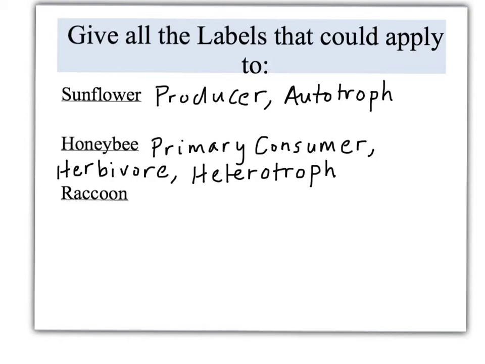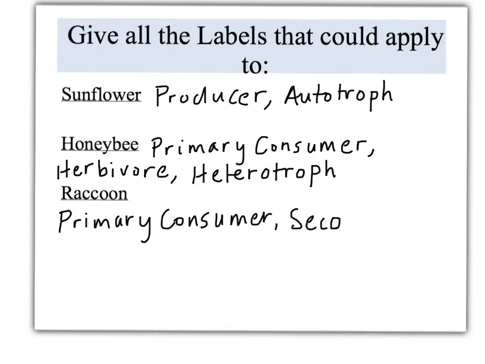Okay, a raccoon eats both plants and animals. So it could be a primary consumer if we're talking about it eating plants. It could be a secondary consumer if we're talking about it eating animals.